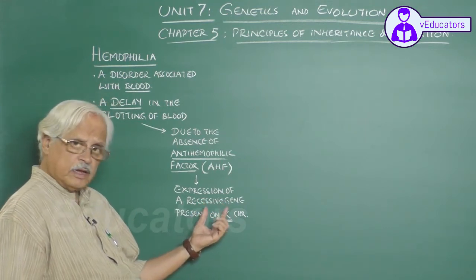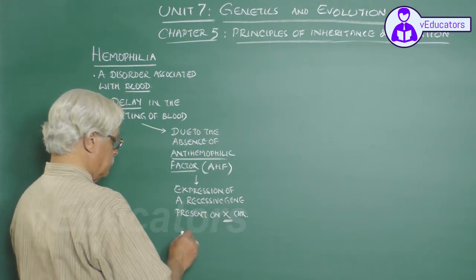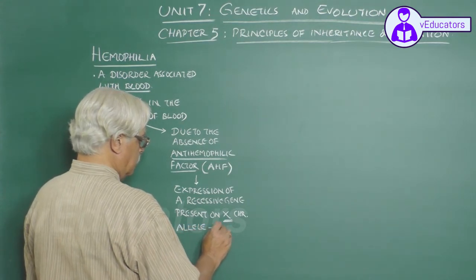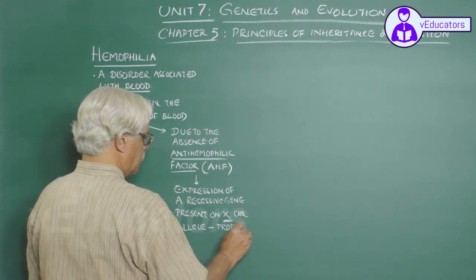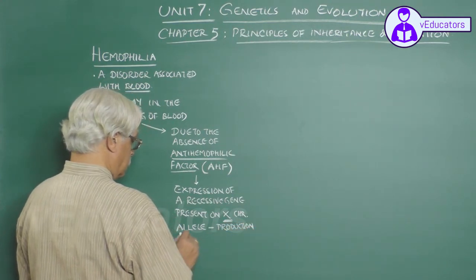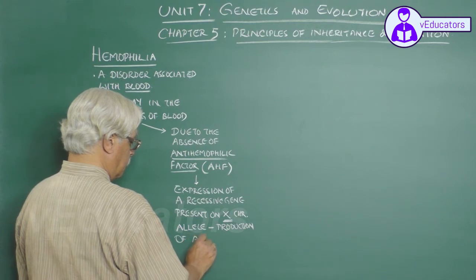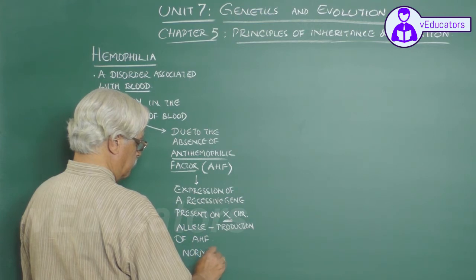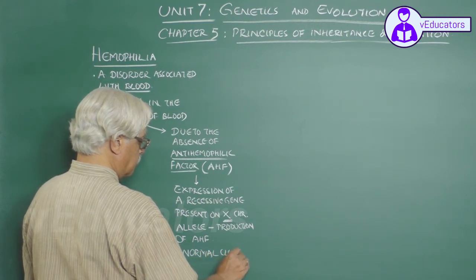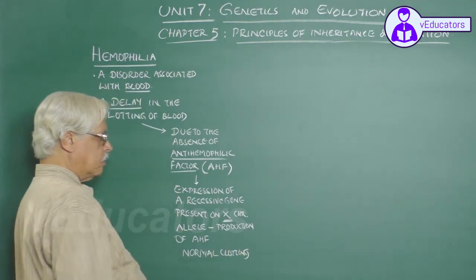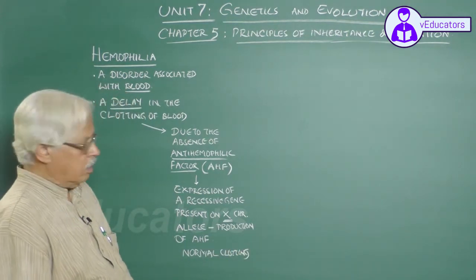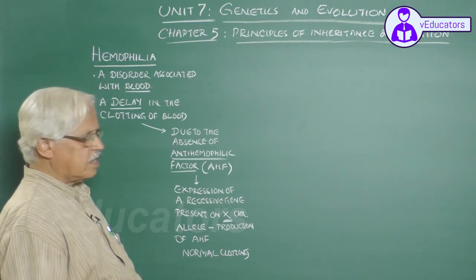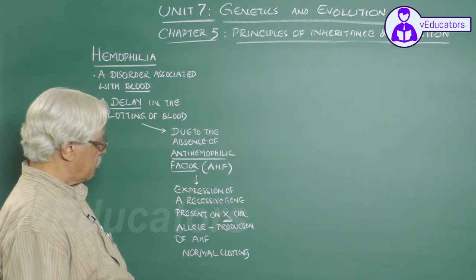There is a corresponding allele for this, which is also present on the X chromosome, and is responsible for production of AHF. Therefore, normal clotting of blood. The situation is exactly similar to what we have seen in color blindness.